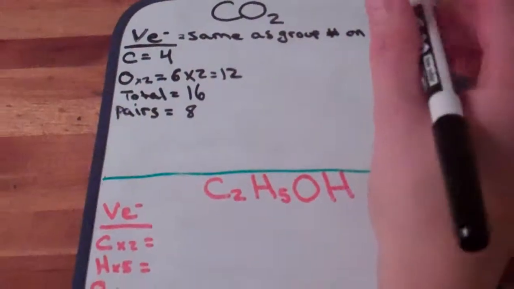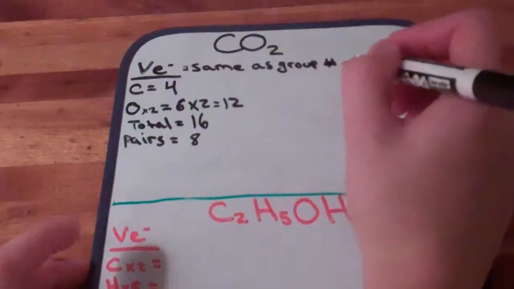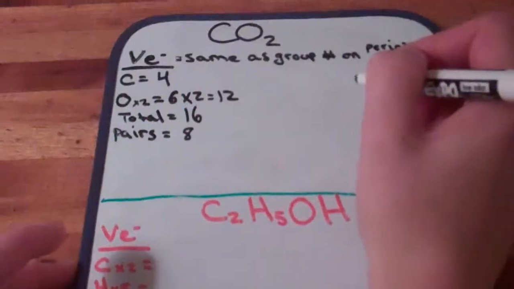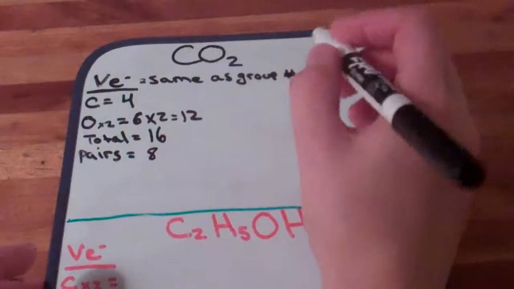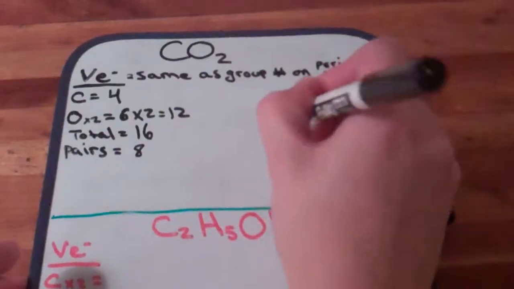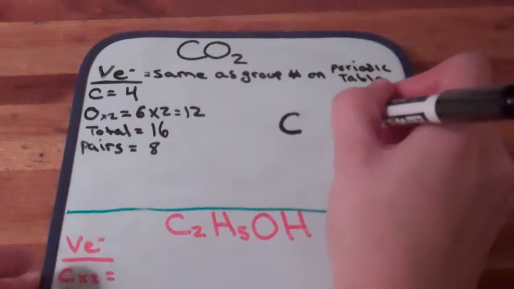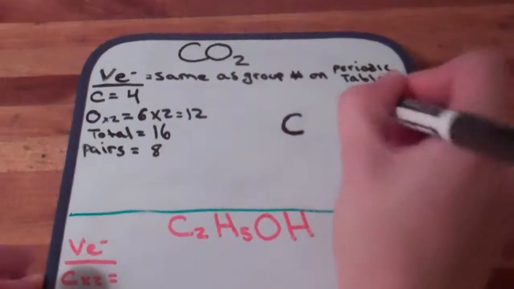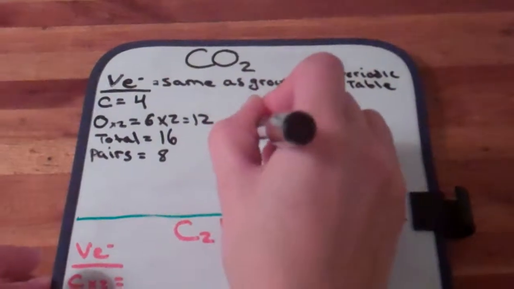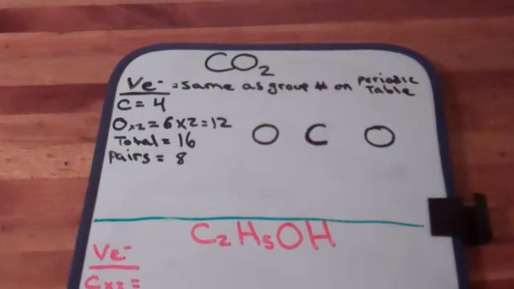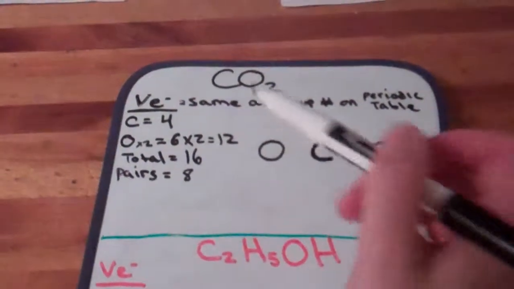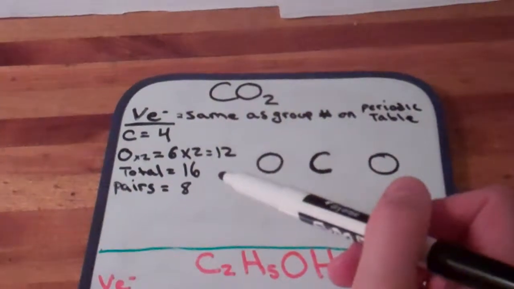So to follow the rules, rule 1, you have to arrange the atoms. So you would put C in the middle, and then you put the oxygen on the outside. And then we already did rule 2, we calculated it out.